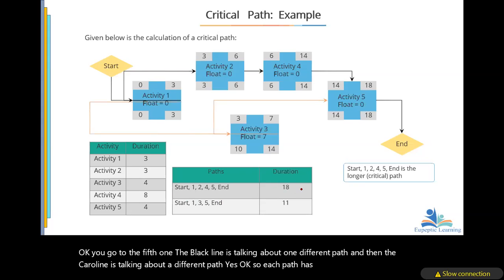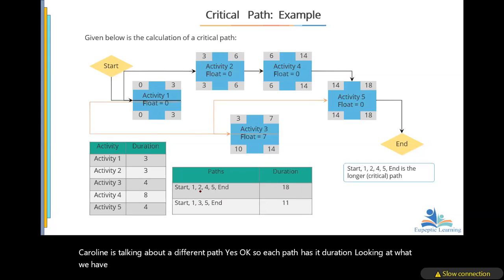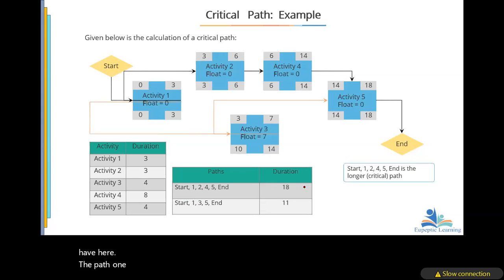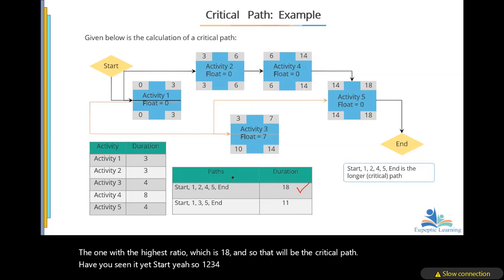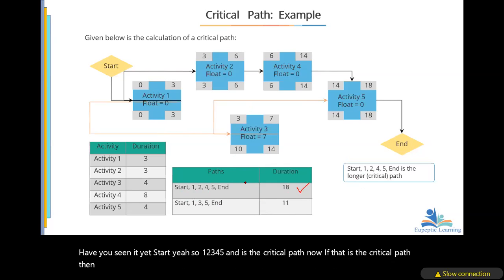Looking at what we have here, the path 1, 2, 4, 5 has the highest duration, which is 18. And so that will be the critical path. Now, if that is the critical path, then we expect that the total float there will be 0.